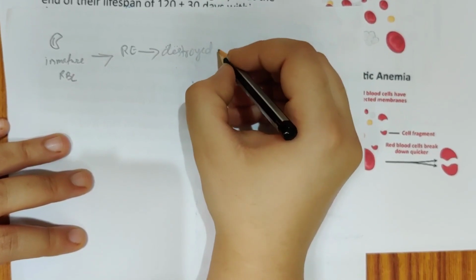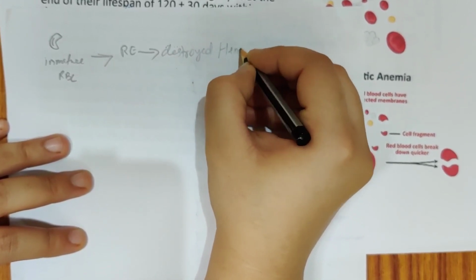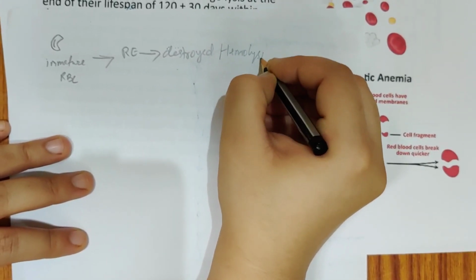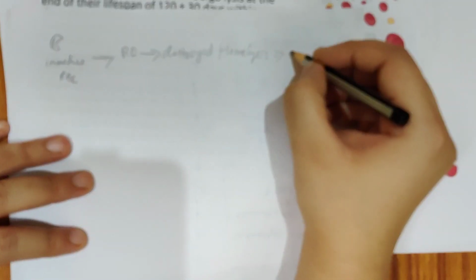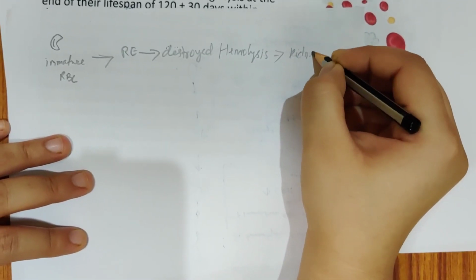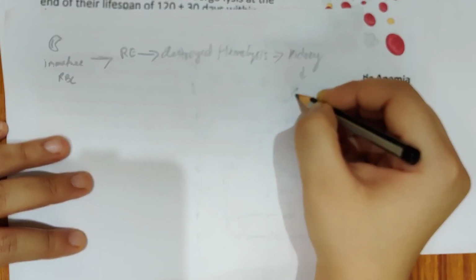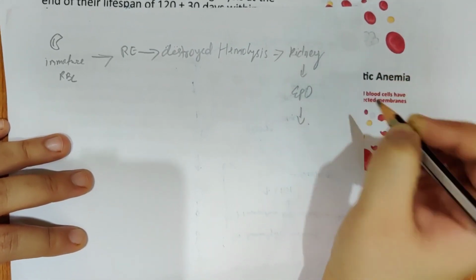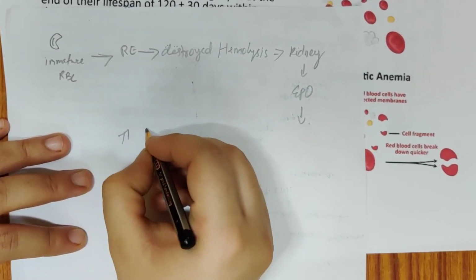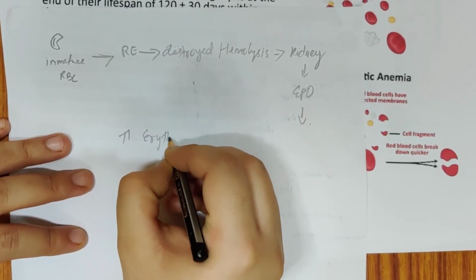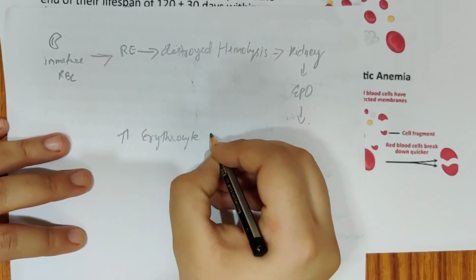Now, this destruction is also known as hemolysis. This hemolysis will cause the kidney to form erythropoietin. What this erythropoietin does is, it increases erythrocyte production.